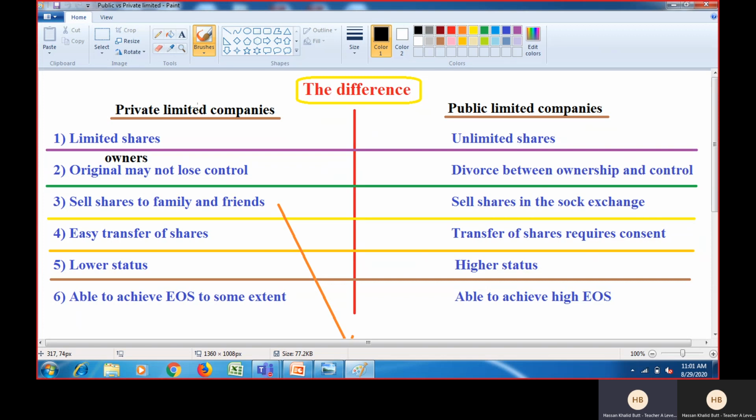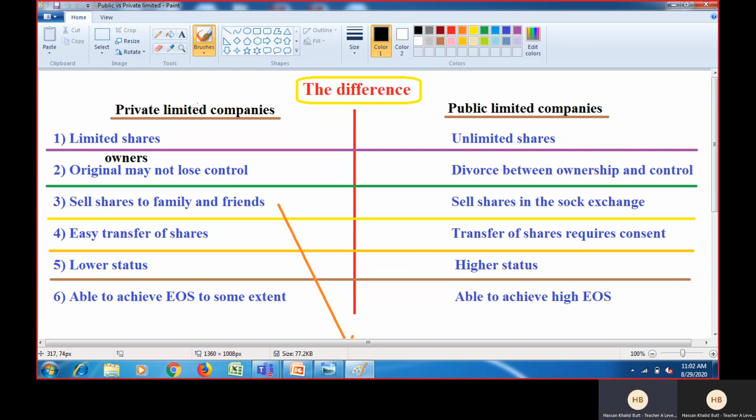So there will be unlimited shareholders. But in a private limited company, there are limited shareholders. In a public limited company there is unlimited capital, you can issue as many shares as you want. So it is basically larger than a private limited company. This is one point of difference.